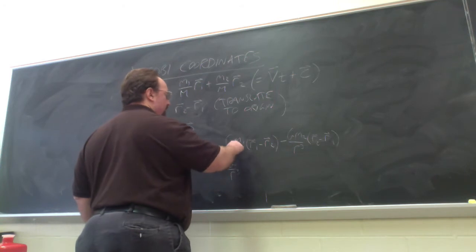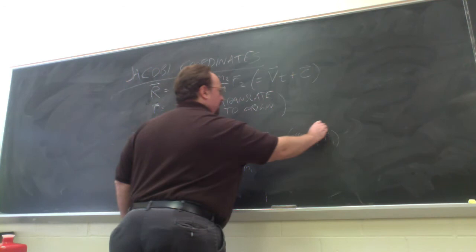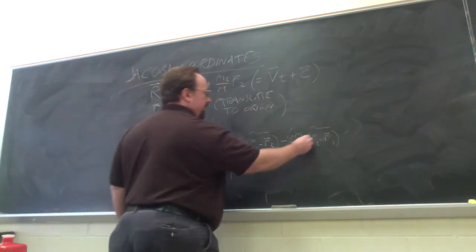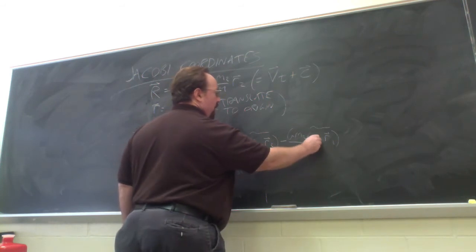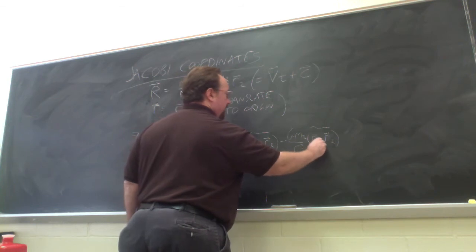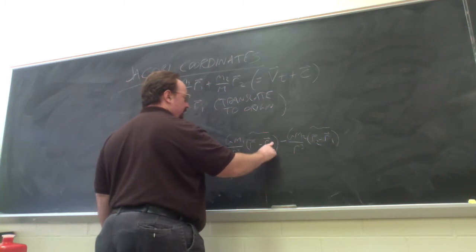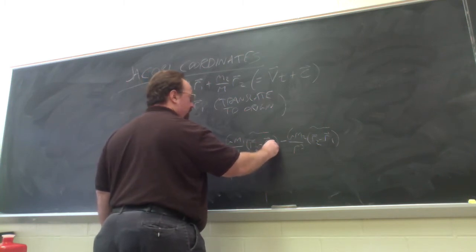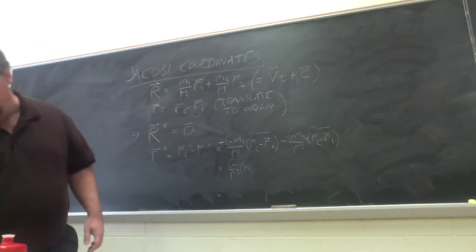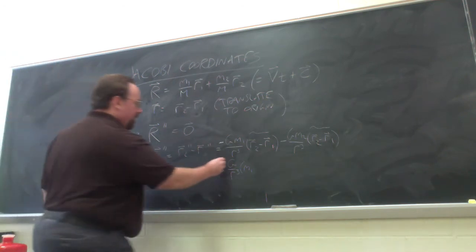And then I have M1. Now, these are negatives of each other. So I'm going to change this one to R2 minus R1. So that makes these the same, and I need to put a minus out here.